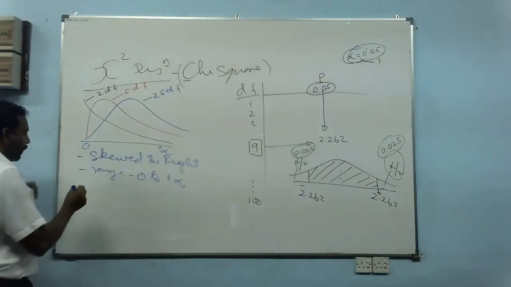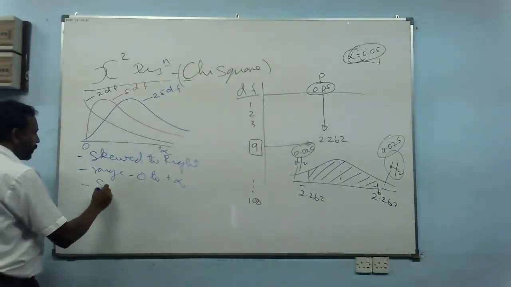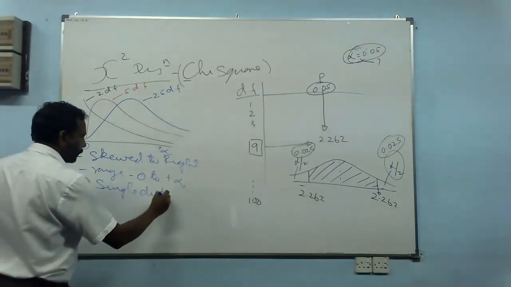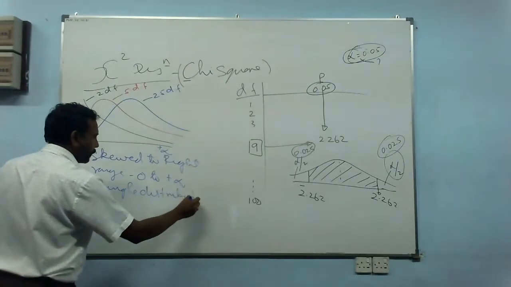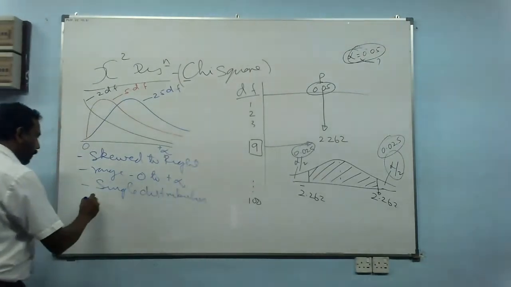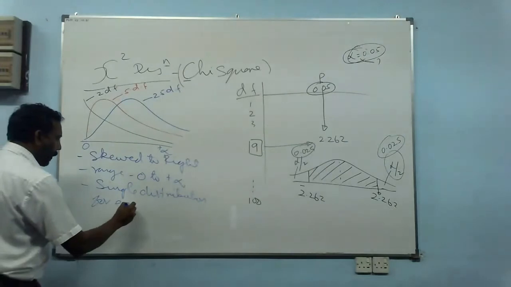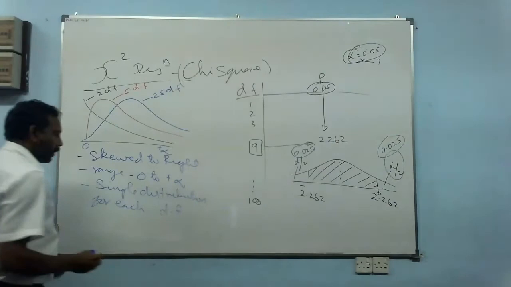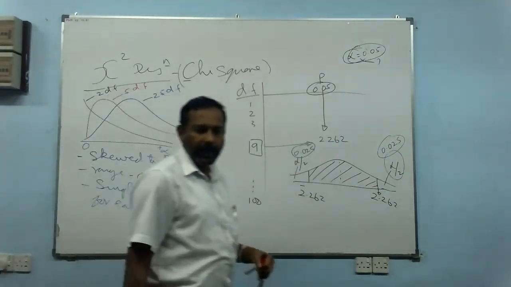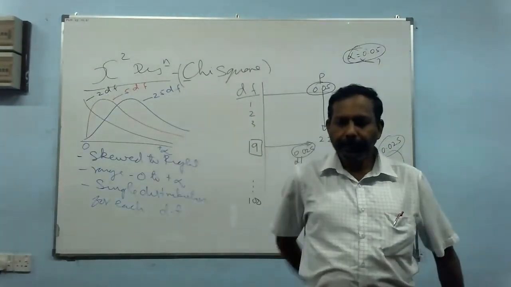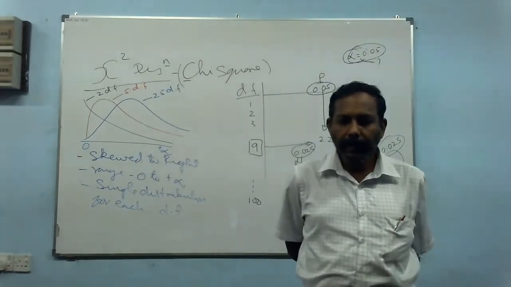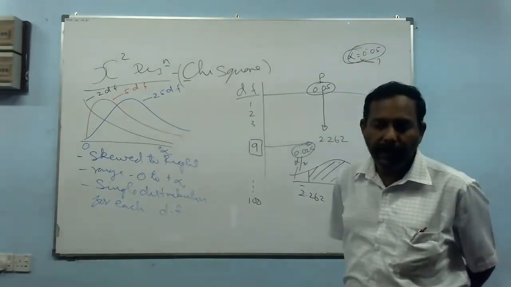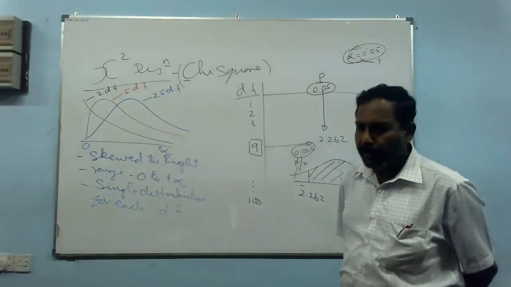So we can say there is a single distribution for each degrees of freedom. Single distribution for each degrees of freedom.